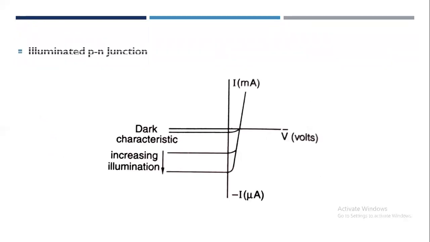Now let's see the illuminated PN junction. Some PN junction devices are designed to operate when illuminated, such as the photodetector or photodiode and the solar cell.